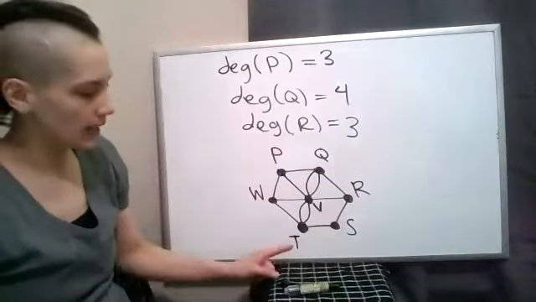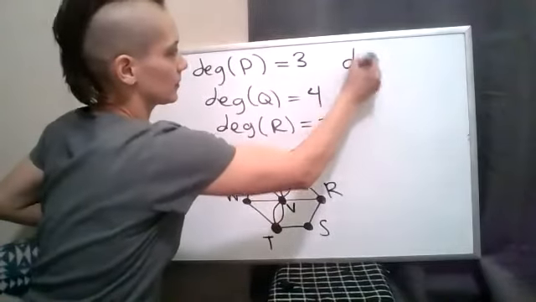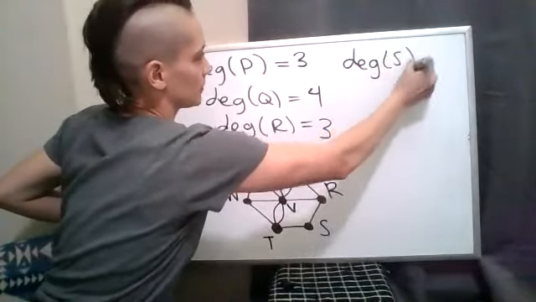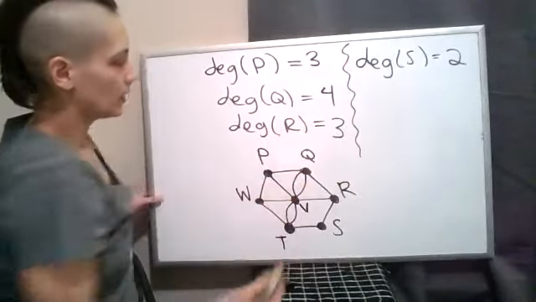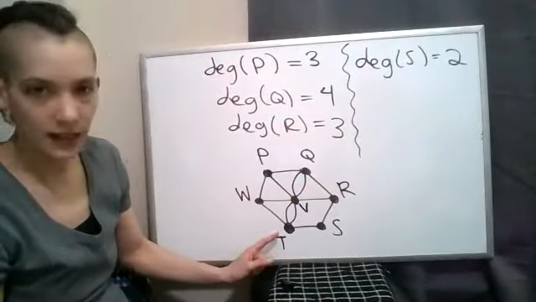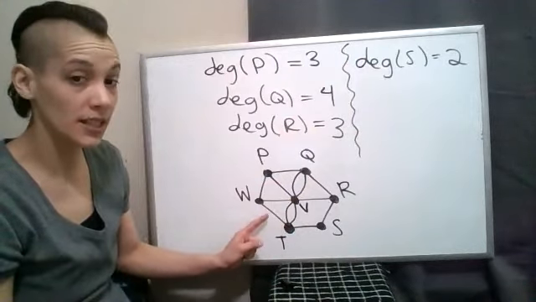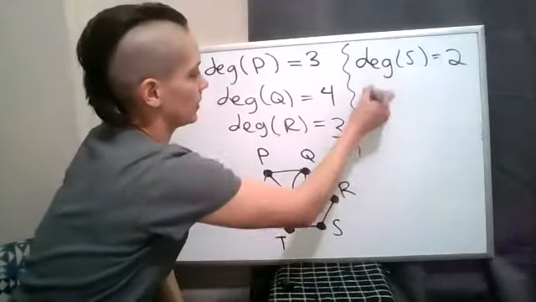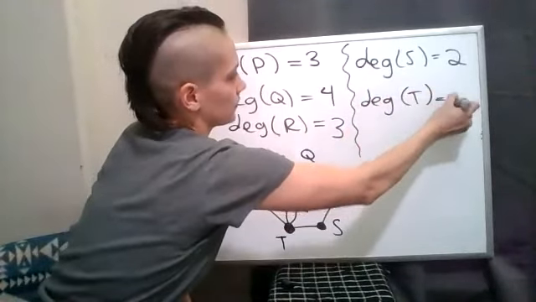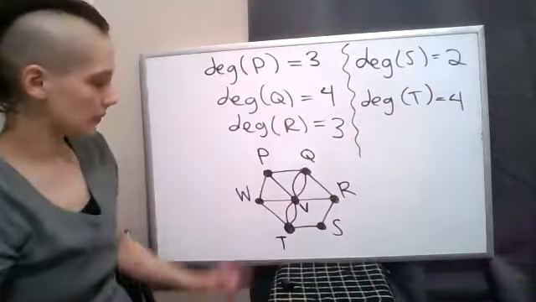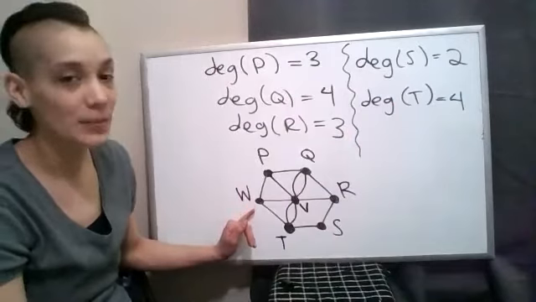Let's work around to S, which has degree 2. Degree of T has 1, 2, 3, 4 edges connected to it. That's degree 4. And V has degree 3. I mean, W has degree 3.